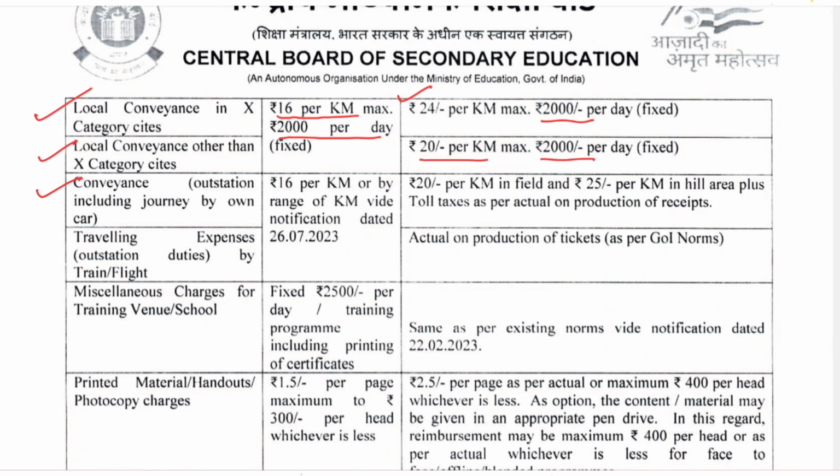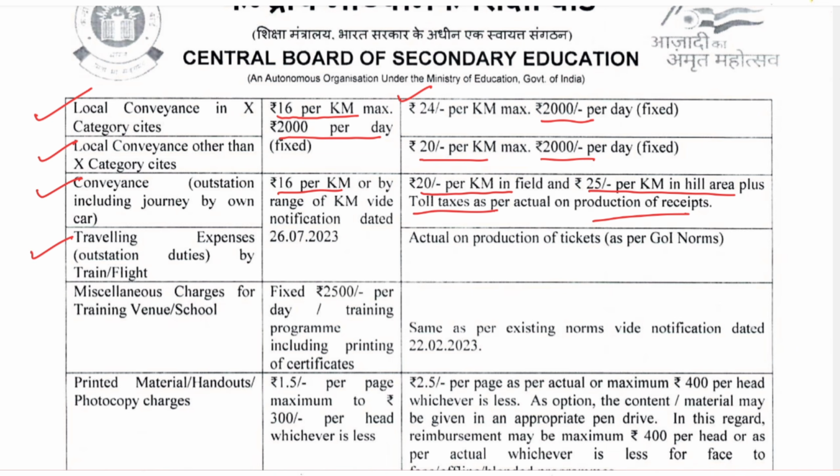Conveyance outstation including journey by own car, earlier it was again 16 per kilometer. Now they are going to pay 20 per kilometer in field and 25 per kilometer in hill area, plus toll tax also, but you need to produce the receipt of toll tax.